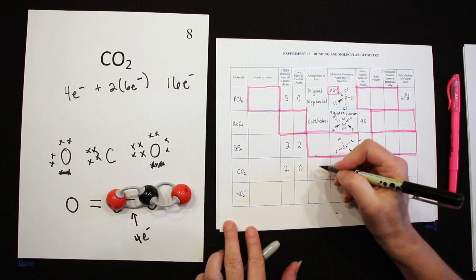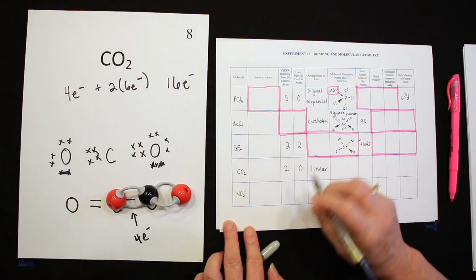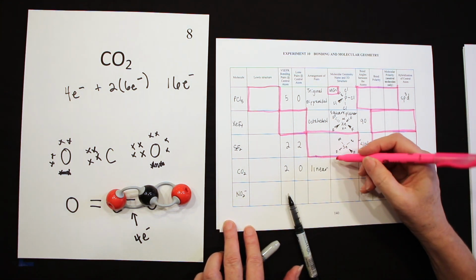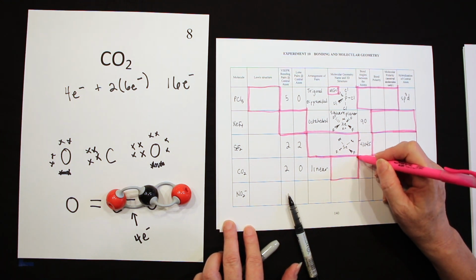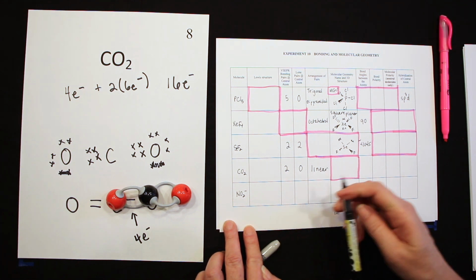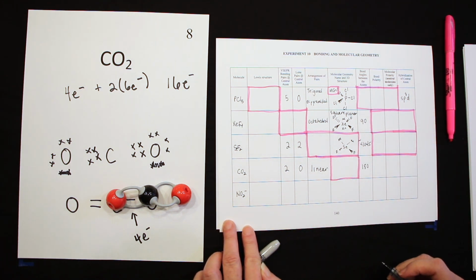The arrangement of pairs is linear. And I'll let you figure out the molecular geometry and draw the 3D structure of that. The bond angles are 180.